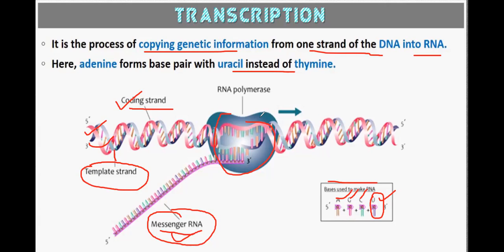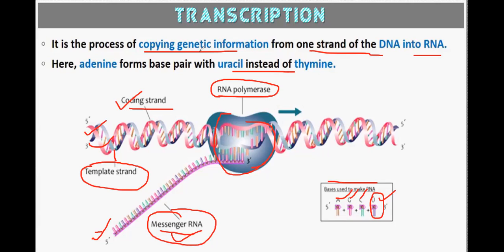There is one enzyme used, that is called RNA polymerase. This RNA polymerase is the enzyme which plays a very significant role in the process of transcription. A new messenger RNA is always produced in the 5' to 3' direction.